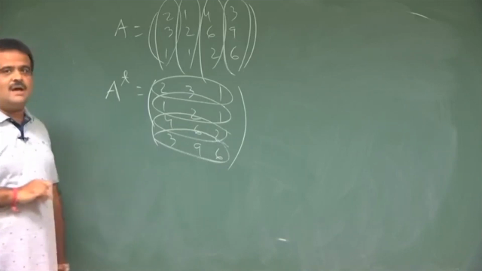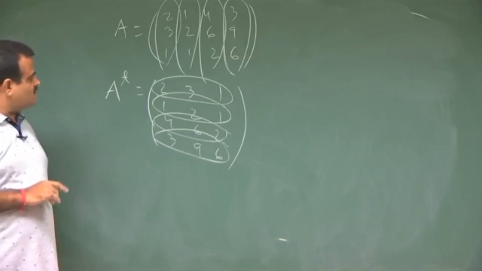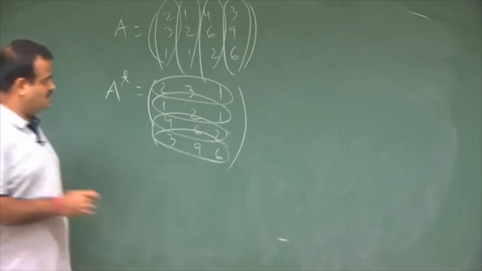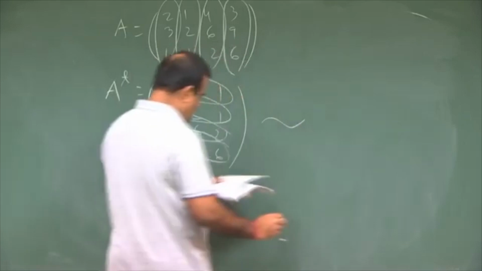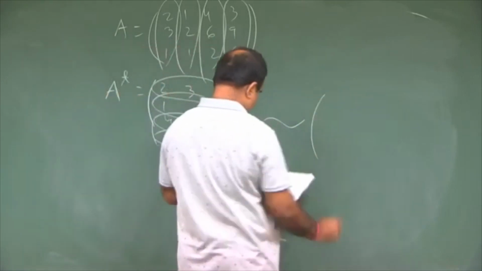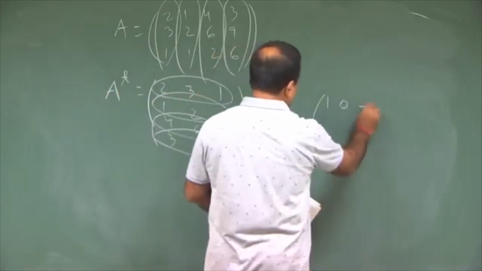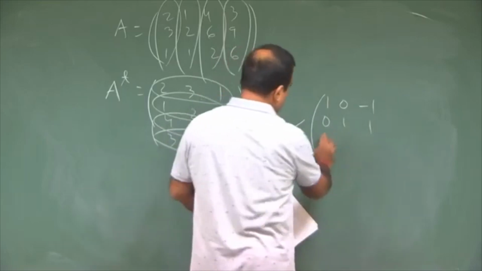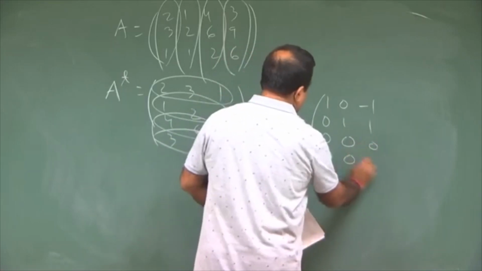Now, again to get the column rank of this matrix, what do we do? We have to apply the elementary operations again. If you apply elementary operations on this, we will get this, again the row reduced echelon form. We will get 0 1 1, 0 0 0, 0 0 0.